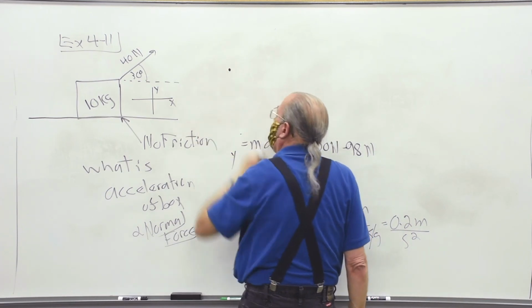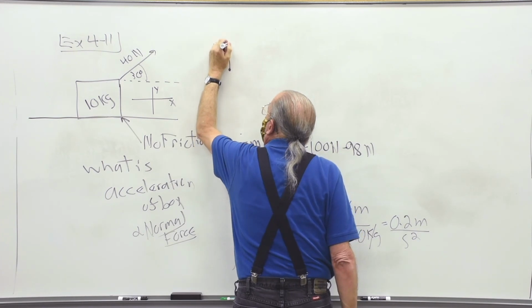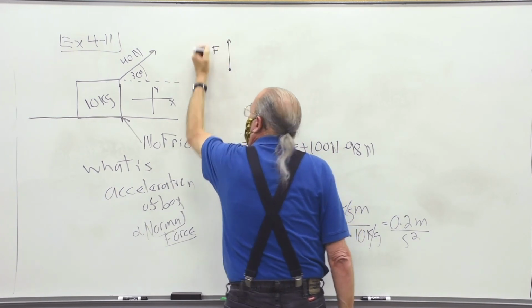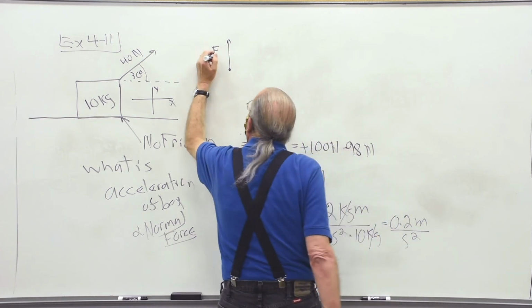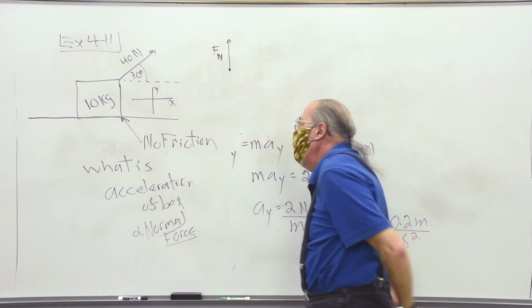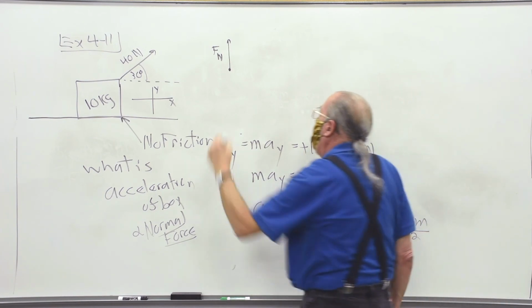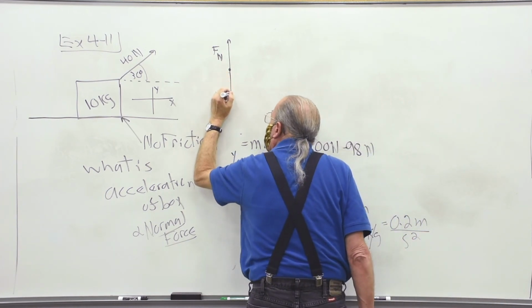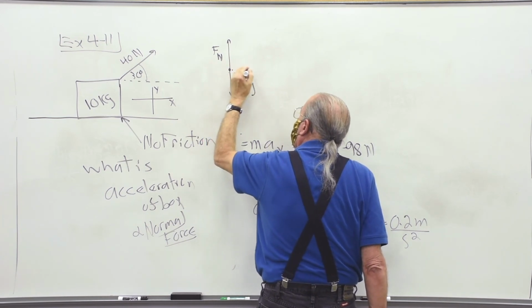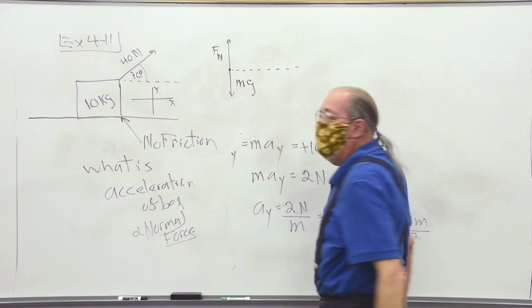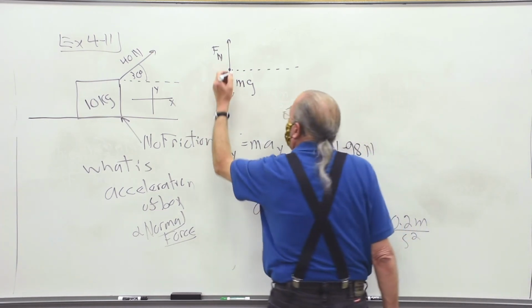Now we draw the free body diagram. There's the box. Now the table must be pushing straight up. So, do they use Fn? Yeah, they say Fn. Okay. We call it Ft, Fn, whatever. Gravity is pulling it down. And then we must reasonably accurately draw in the other force.